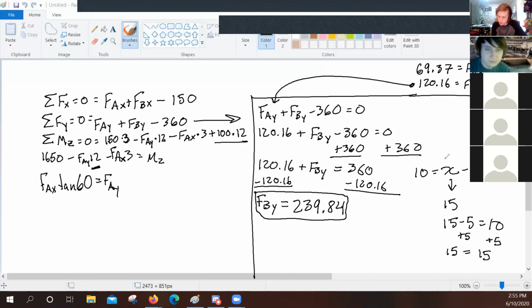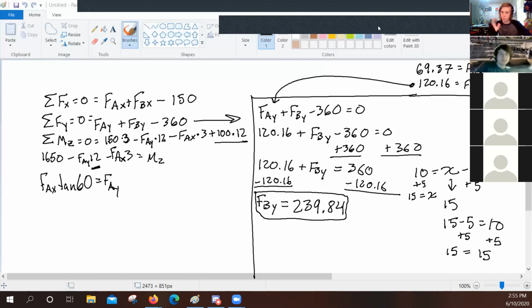So if I add 5 to both sides, the same way I did down here, so plus 5, then I get 15 equals x. So if you add the same thing to both sides of an equation, the equation stays the same.